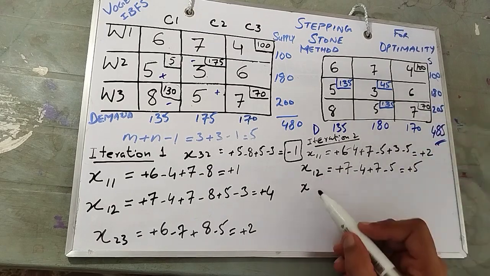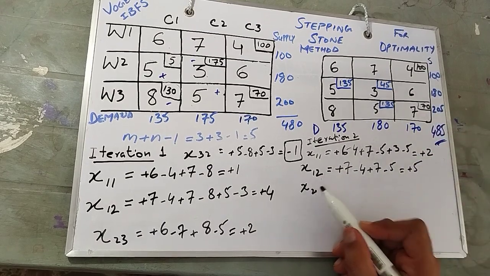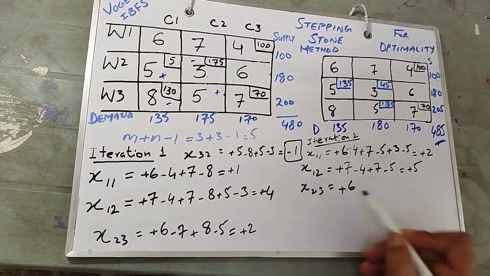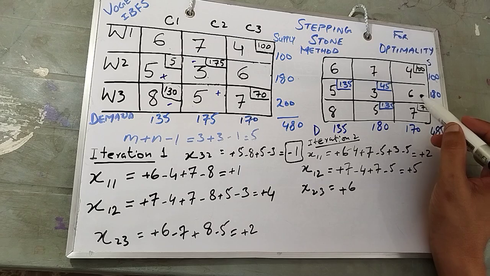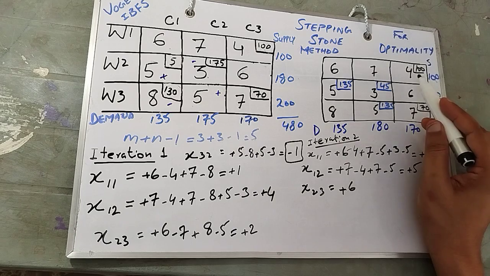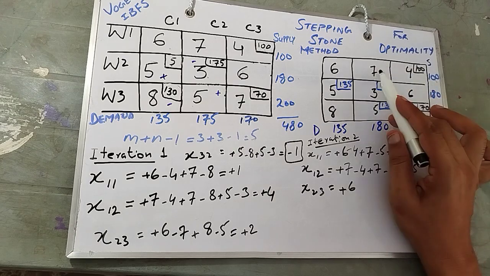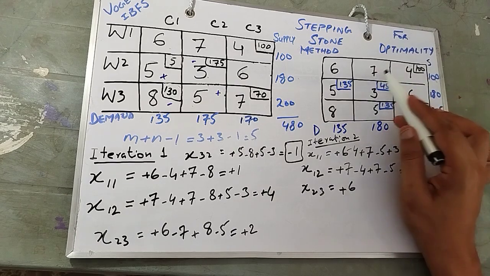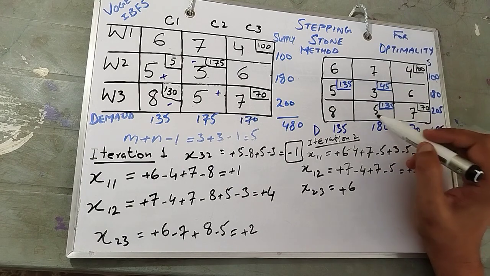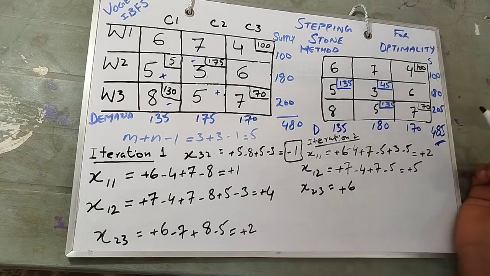Next is second row, third column. Starting from the plus, we may go vertically, we may go 4 to 7, but we will not go to the 4 because there is no allocation over here. We cannot step on 7. So it's better to step on this one, 7, on 5, on 3, and get back to 6.